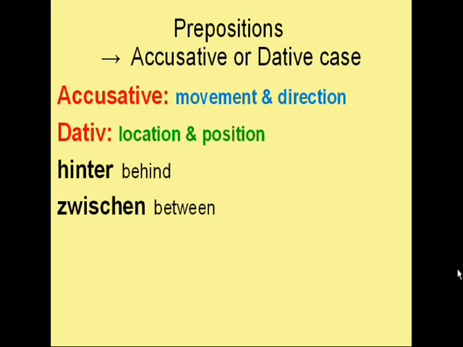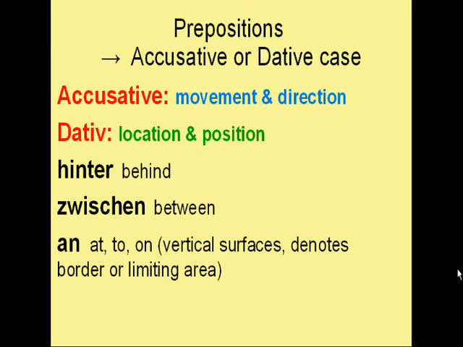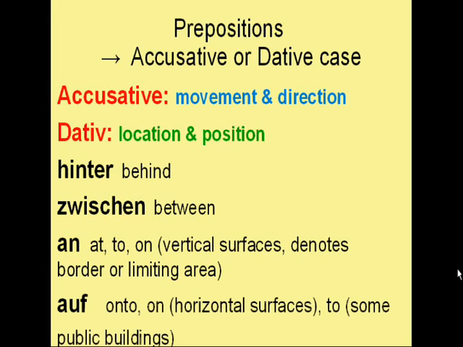Zwischen, which means between. An, which means at, to, or on, concerning vertical surfaces; it denotes border or limiting area. Auf, which means onto or on, when you're talking about horizontal surfaces, or to, when you're talking about some public buildings.